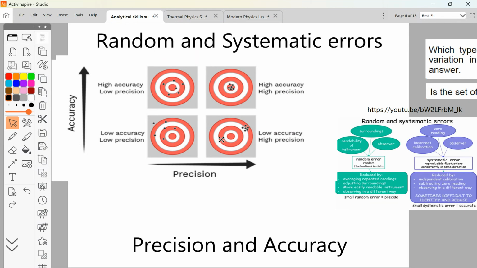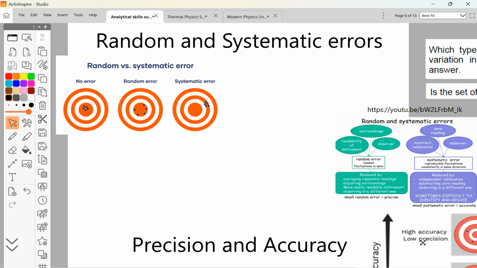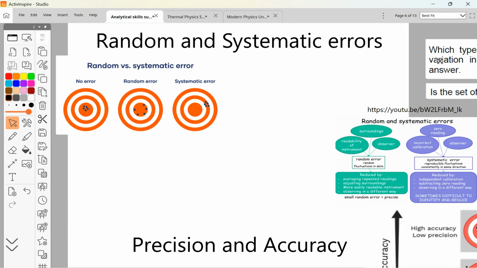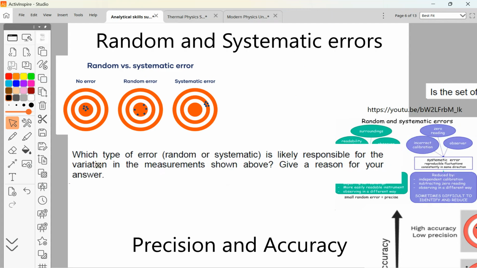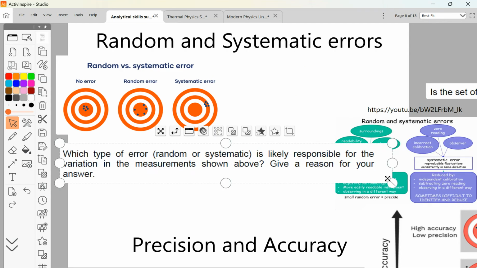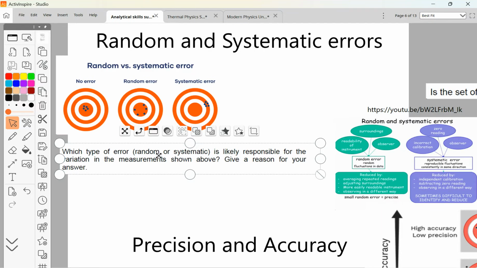Like I said, you've done this a few years in a row now already, so that should be pretty easy for you. Just when you get a question like this in the exam, I said it the other day, please be very specific when you are looking at an answer. This was the question from a past paper. Which type of error do you think you've made? And give a reason. So if you say that it's precise, say that the values are close together or the range is small, something like that to prove that it's precise.